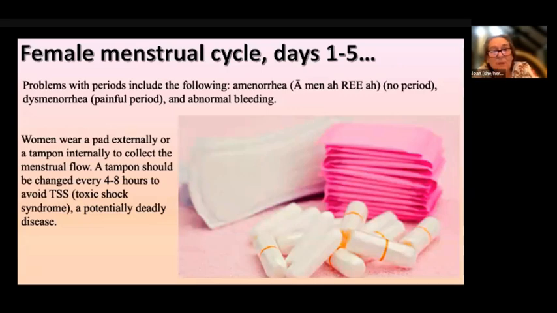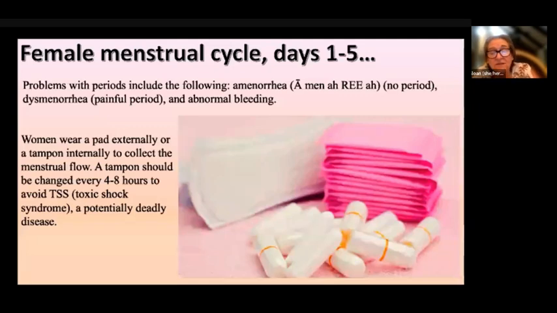When they get below a certain weight, again, right around that 45 kilos, they may stop menstruating. We see this with female athletes sometimes, who have so little fat in their body that they don't produce enough estrogen to menstruate. It usually reverses. We can also have dysmenorrhea, again, a very painful period.